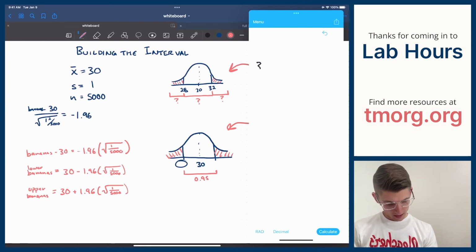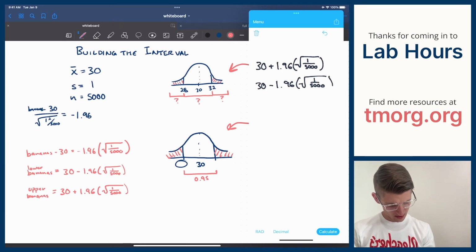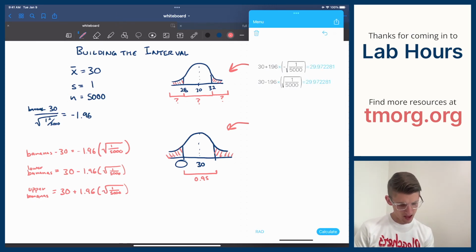Okay, 30 plus 1.96 times the square root of 1 over 5,000. And then 30 minus 1.96 times the square root of 1 over 5,000. Calculate. Those are much more useful numbers.